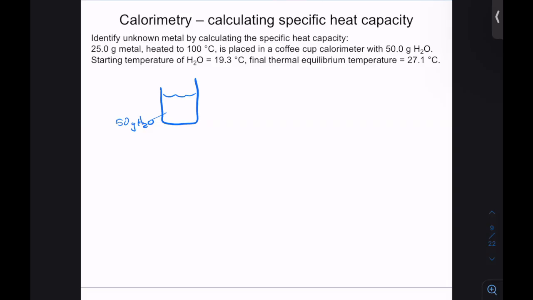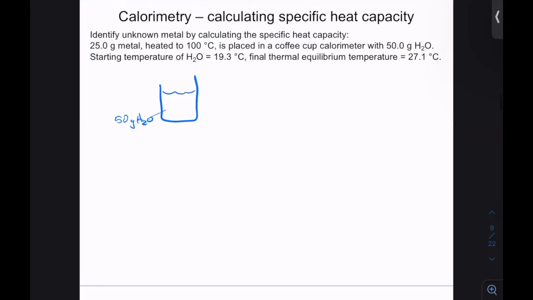And we're going to take our piece of gold here, let's say. It might not be gold. Let's say you think it's gold. So here, we'll color it in, right? Some unknown metal block. And you're told what the mass of that is, 25 grams.